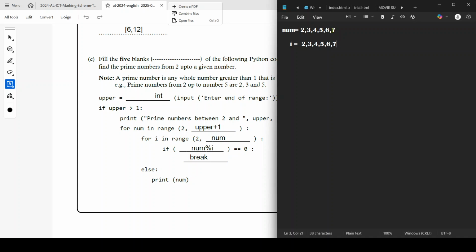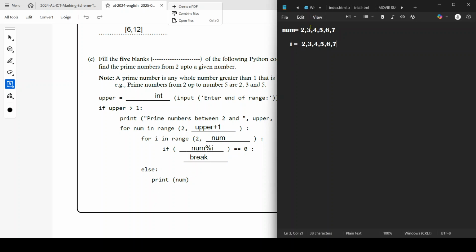And 6 is, wait. Let's see, I cleared out what's that. In here, 2 is going to be divided by a smaller number. What is less than 2? Nothing here, so it will print. Clear.